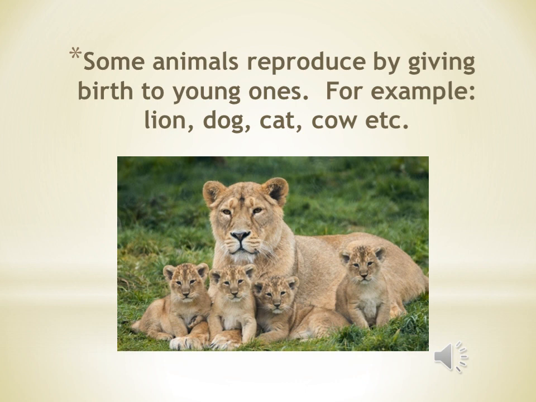For example, lion, dog, cat, tiger, zebra, buffalo, rabbit, deer, bear, and many aquatic creatures also like dolphins, whales, they also deliver babies. So, animals reproduce in two ways, either by laying eggs or by giving birth to young ones.